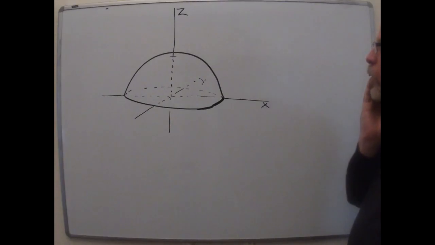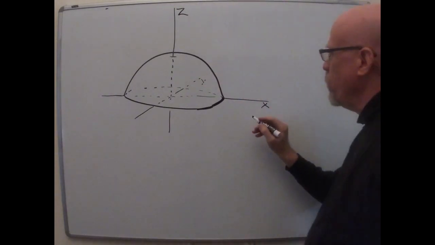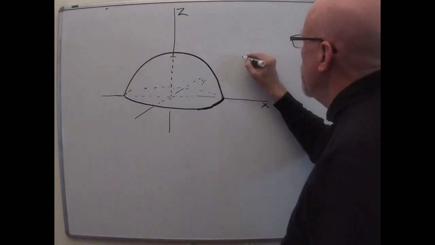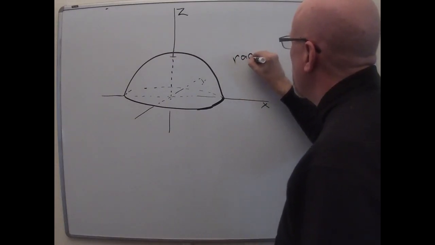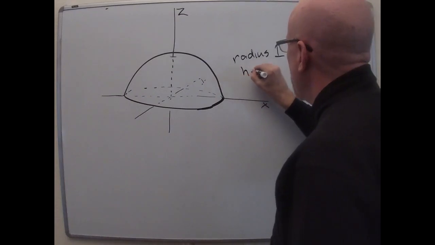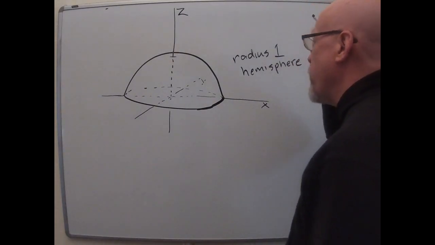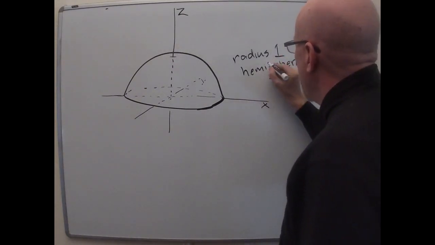So we'll try an example of this with a 3-dimensional object. This is a hemisphere. Let's stick with simple stuff, so we'll make its radius be 1. A radius 1 hemisphere. But so it's a little bit fun, I'm going to make it have variable density.